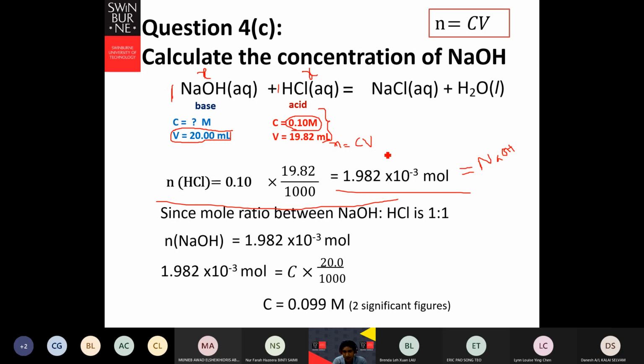But how do we know the concentration? We know the number of moles, that is good, but how do you know the concentration?